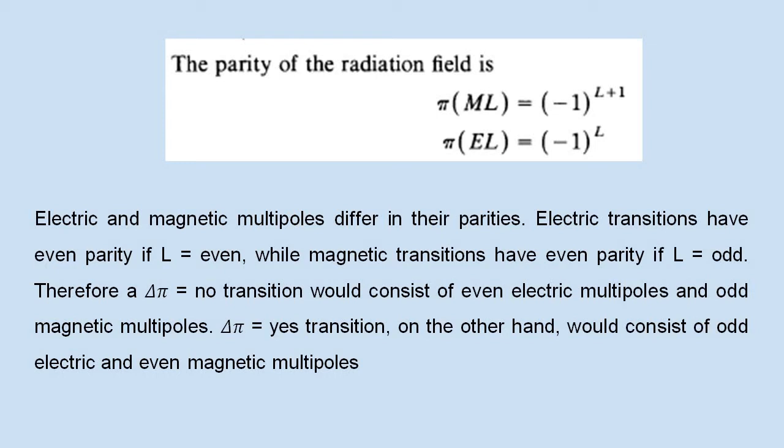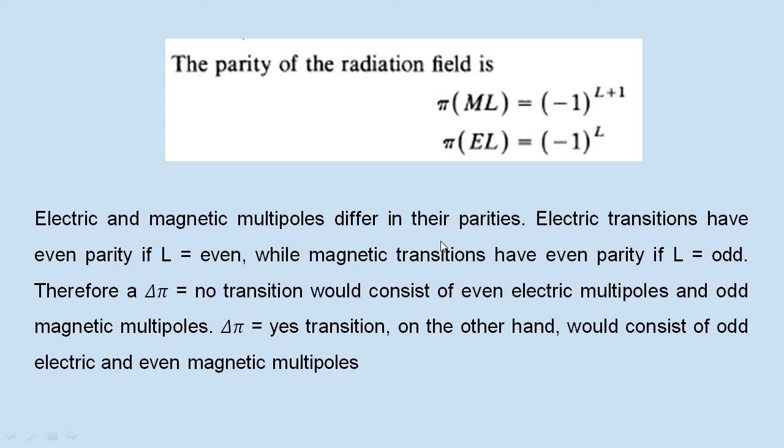So for a particular L value, if the parity of the electric field is even, for the same L the parity of the magnetic field is odd. And if the parity of E is odd, say L = 3, (-1) raised to 3 is -1. For the same L, 3+1 is 4, and (-1) raised to 4 is +1.